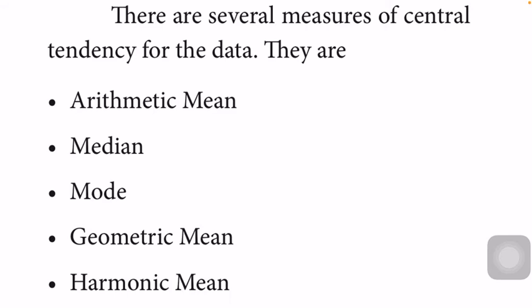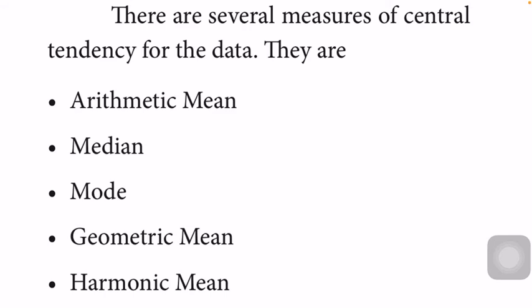The measures of central tendency give us the idea of how the scores are spread out. In a class, we can collect the marks of all students. Few girls may get 10 marks, some may get 50 marks and some may get higher marks.